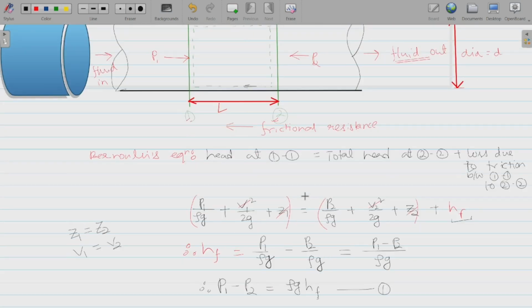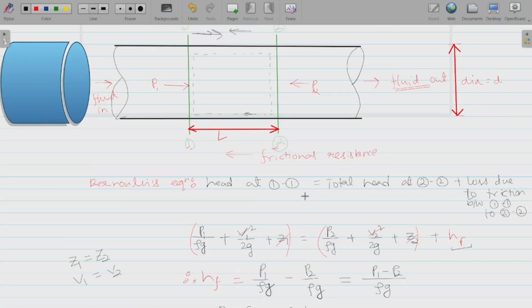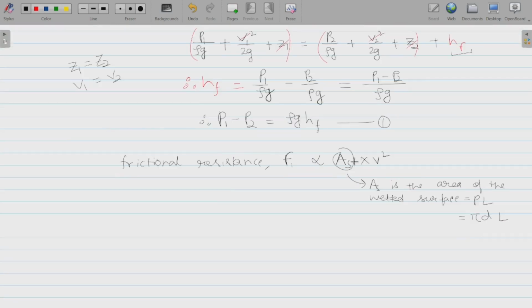Because it is area, the entire area of that wetted surface will be equal to what? This perimeter into the length. So you will get the wetted surface area. Now, in order to get rid of this proportionality sign, we need to bring in a proportionality constant.